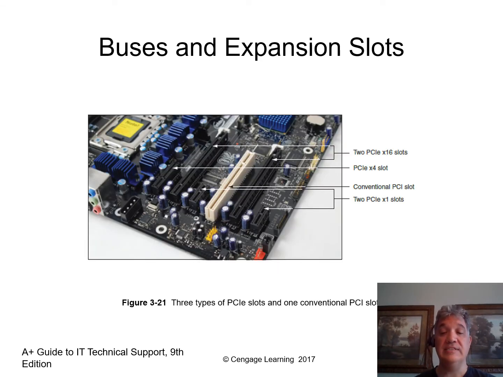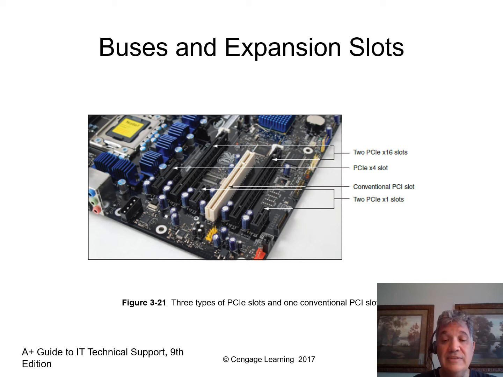Here's an example of that. As we were looking at the previous example, we're in the far right-hand corner, if you will, of this particular motherboard. You notice that we have two PCIe X1 slots in here, and they're stubby. They're very short.